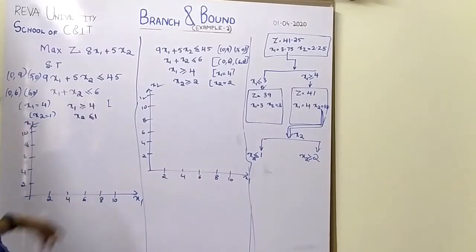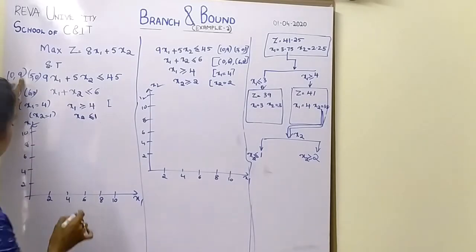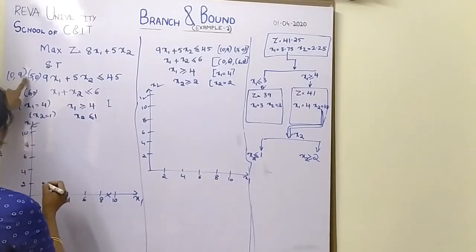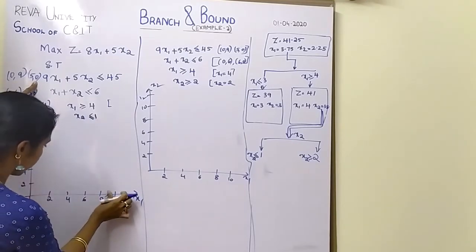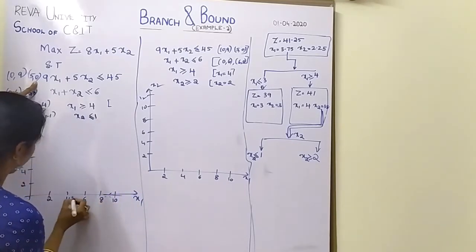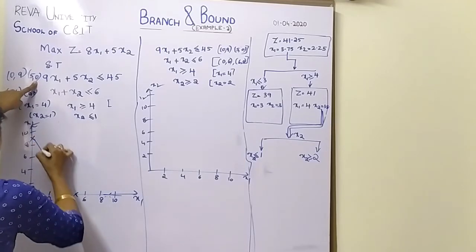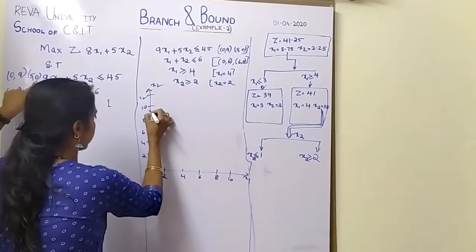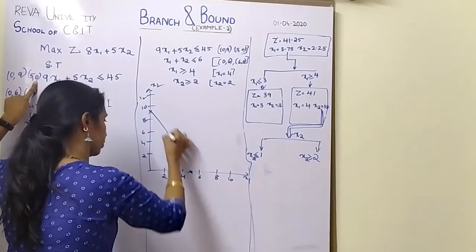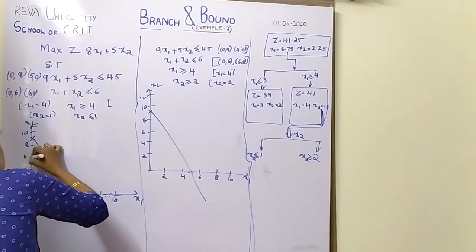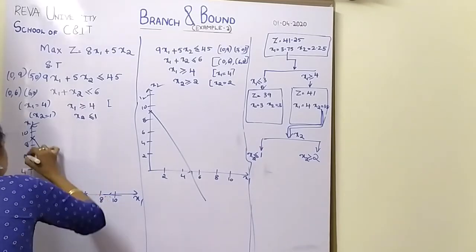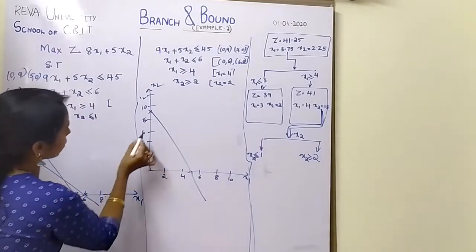Again x2. The points are 0, 9 and 5, 0. Join this. Here also join this. Second point is 0, 6 and 6, 0. So 6 and 6. Join this.